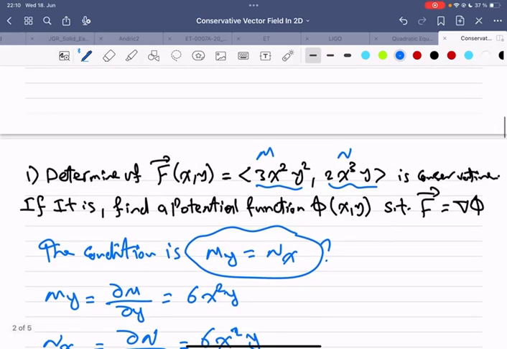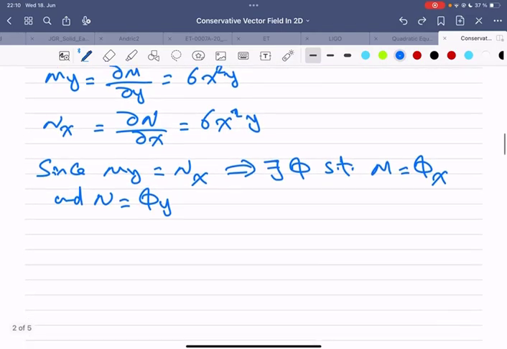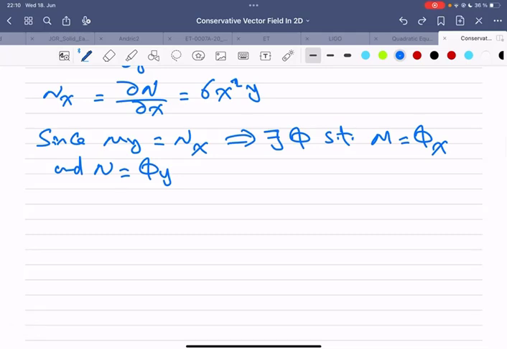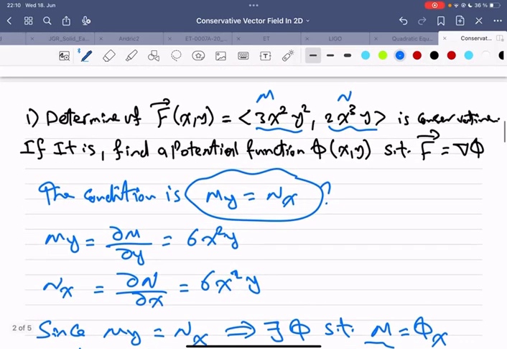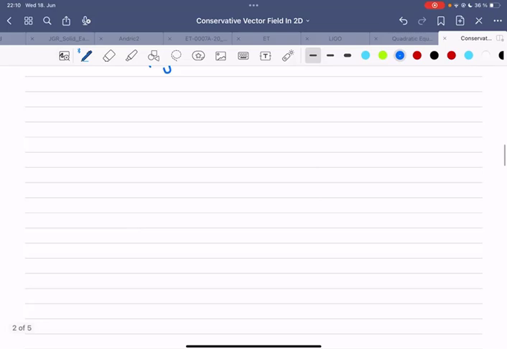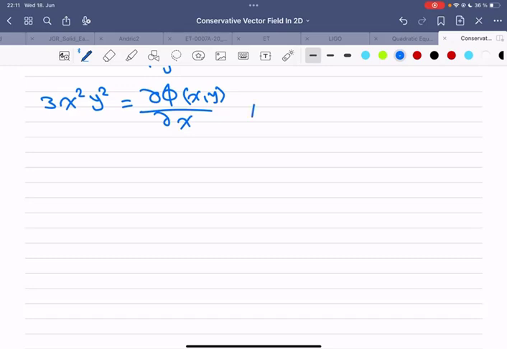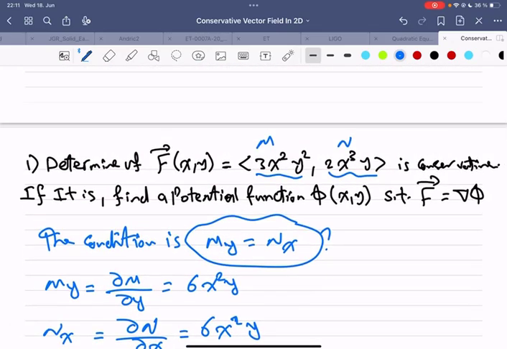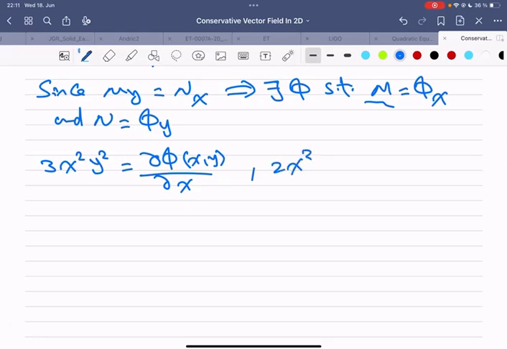Now we want to find phi. How can we find phi? We see that since F is conservative, M is phi x, which is 3x squared y squared. So 3x squared y squared equals d phi by dx, and 2x to the power 3 y equals d phi by dy.